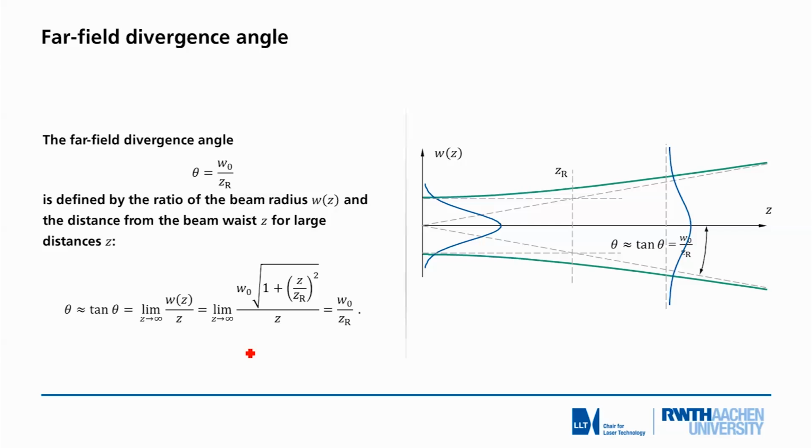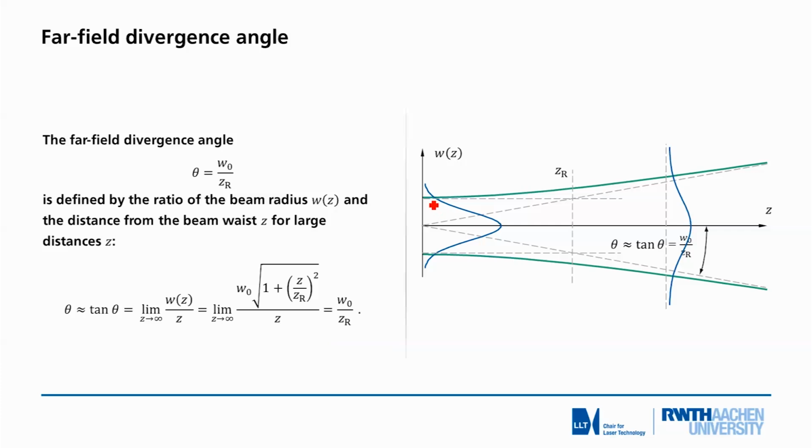And if we look at the divergence, we observe a similar behavior. The divergence, of course, in the beginning is 0 in this point of symmetry where we have the vertical phase fronts. In the far field, we have the far field angle theta in the limit. If we calculate this, it is just the ratio of the beam waist to the Rayleigh length.